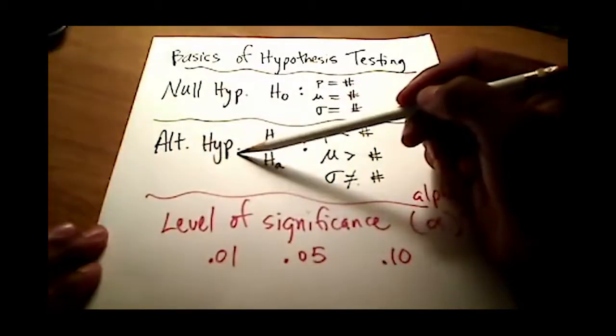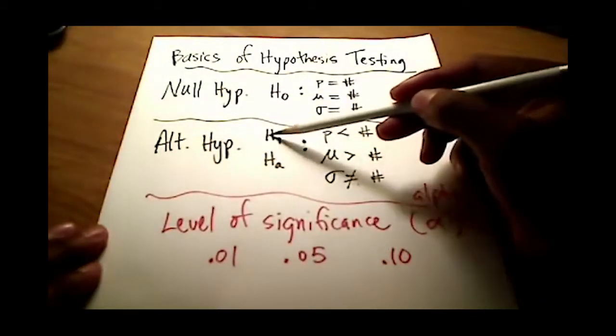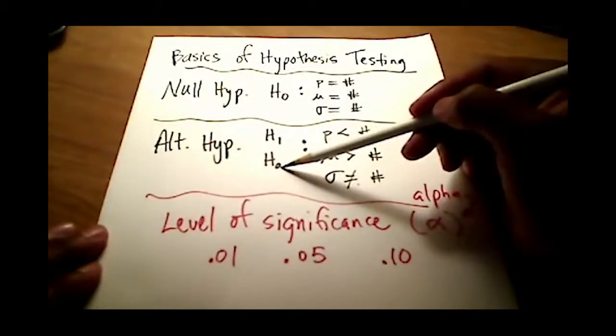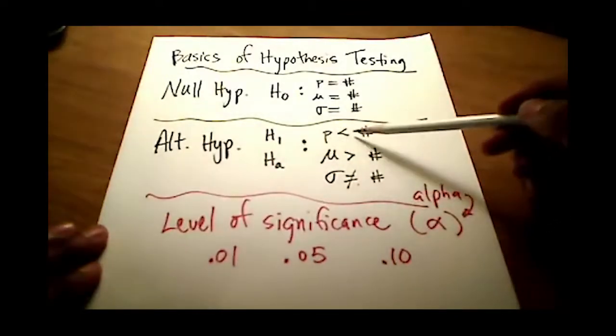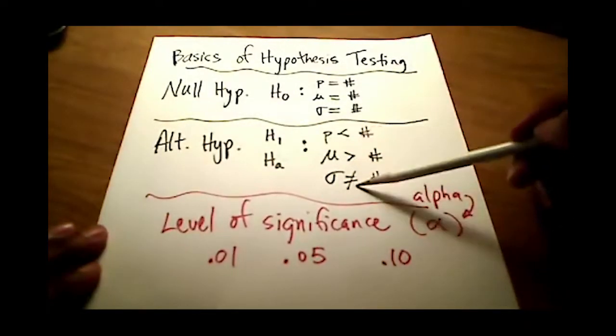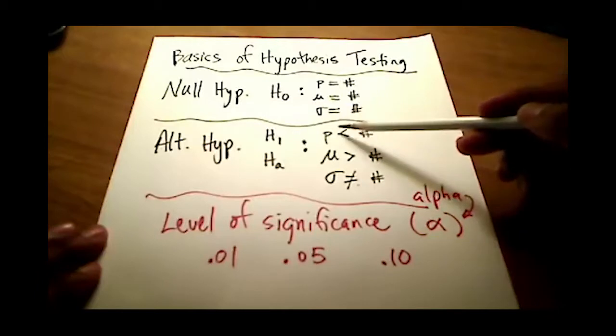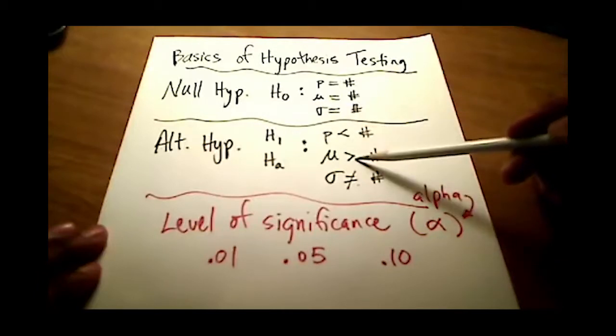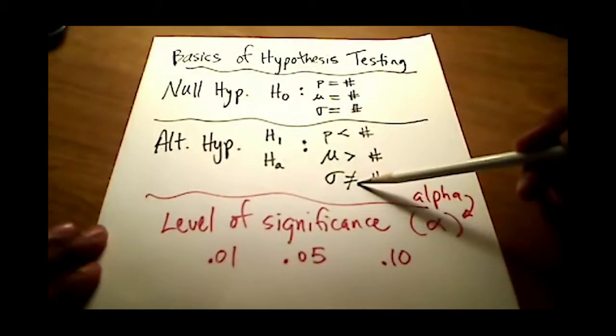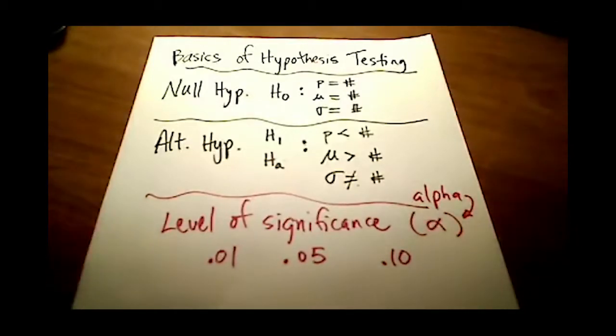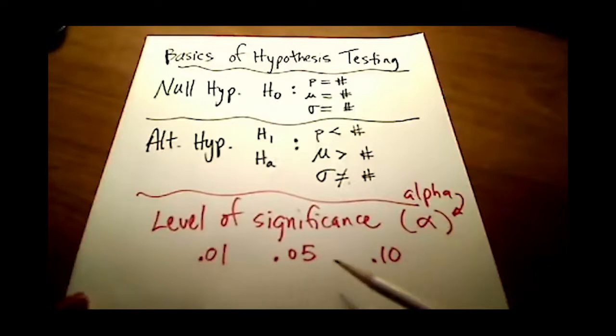The alternative hypothesis, maybe your book uses H sub 1 or H sub A, whatever the case may be, always uses a symbol that is not an equal sign, right? So in this case, it's a less than symbol or a greater than symbol or a not equal to symbol. But no matter what type of hypothesis testing it is, you will always be given some level of significance here.